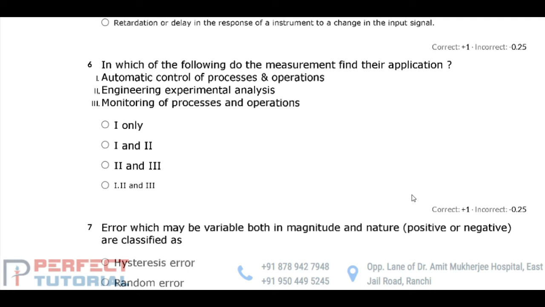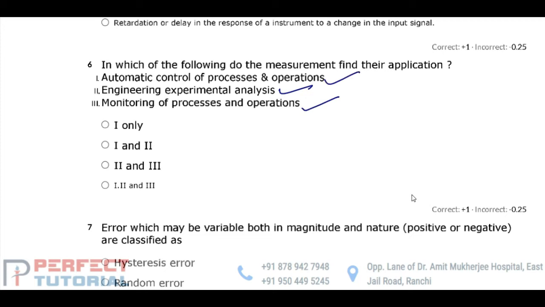Next, in which of the following do the measurement systems find their application. See the statements, there are three statements given here. The correct answer is 1, 2 and 3. Automatic control of process and operations is also a correct statement for the given problem. Engineering experimental analysis is also correct. Monitoring of process and operations is also correct.